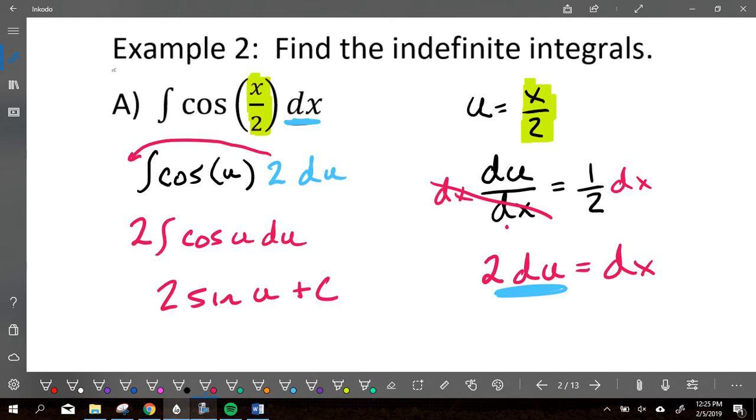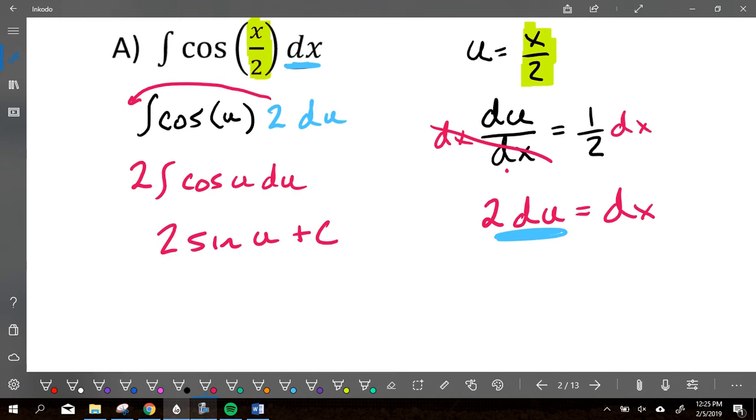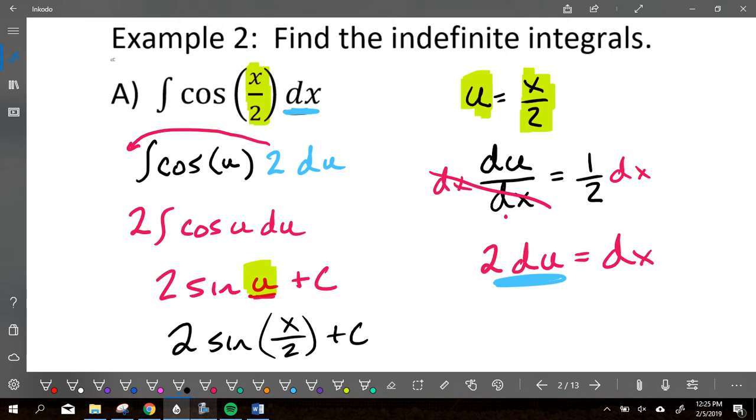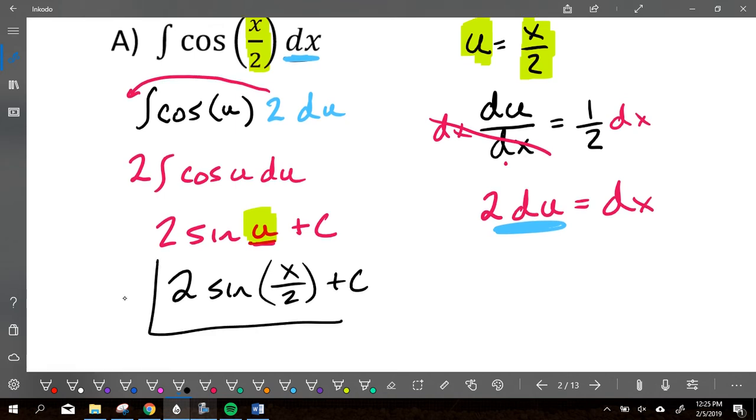That's the constant. And then the only thing I have left is to plug back in what u was. We set up here at the beginning, u was equal to x over 2. So let's rewrite it in terms of what we started with, which was x over 2. So 2 sine x over 2 plus c. That is the answer to this guy.